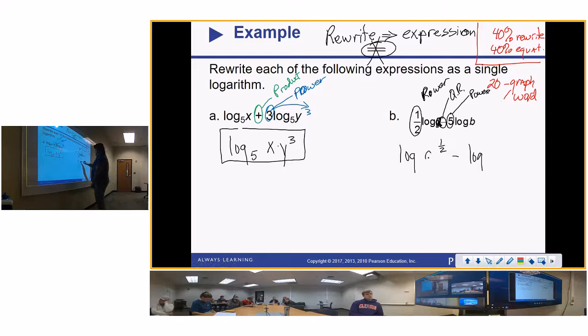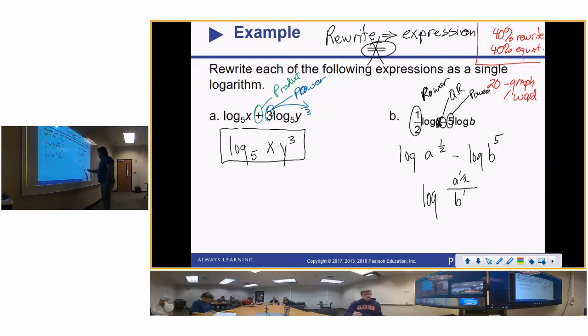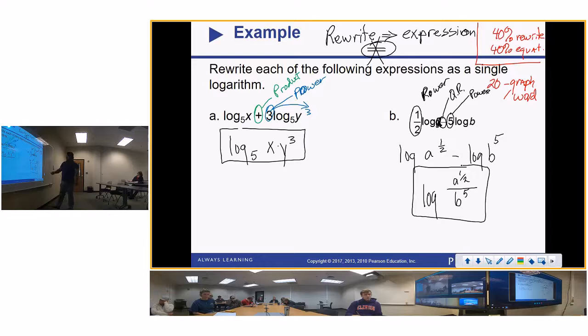That's going to be A, and then log, that's going to be B to the 5th. So that's going to be log of A to the 1/2 over what? B to the 5th. I think they made a typo there, but let's see what they did. There's that one.